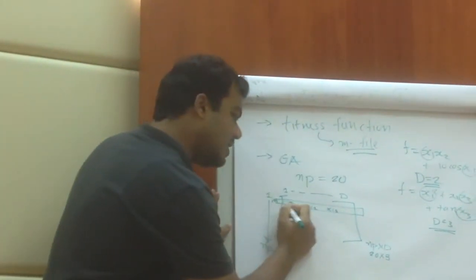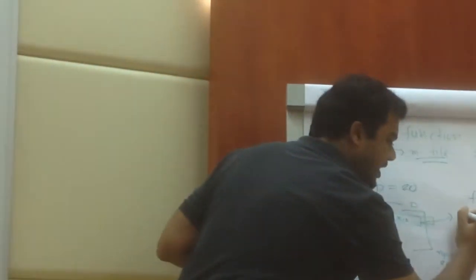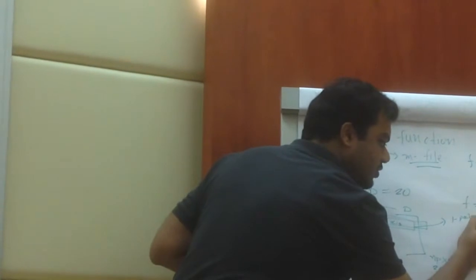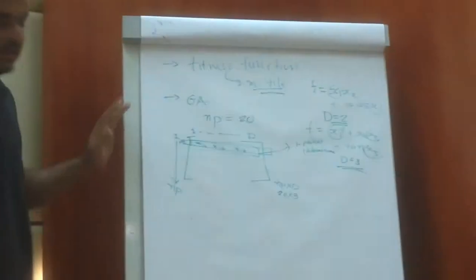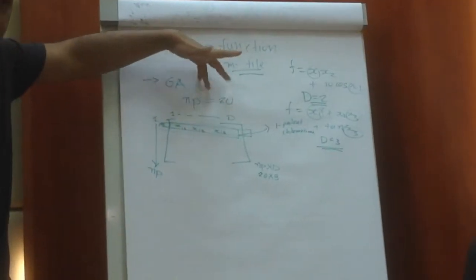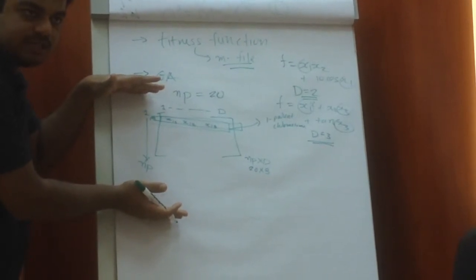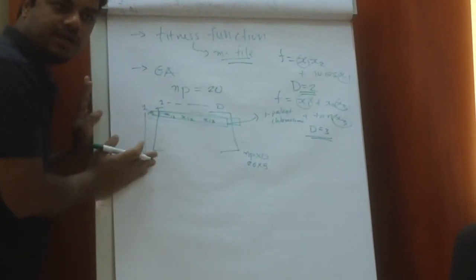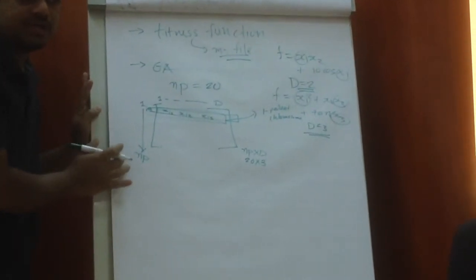And this entire row is your one parent or chromosome. So if you specify 20, you will have 20 similar rows. And that is how you have your entire population. This is very important. If you have any question, ask me now.